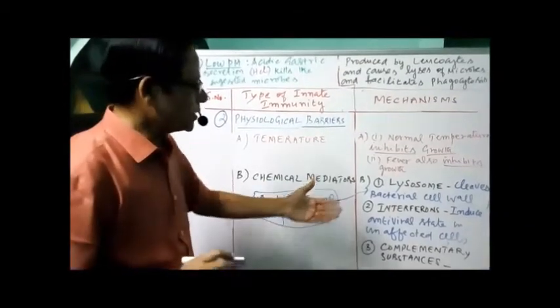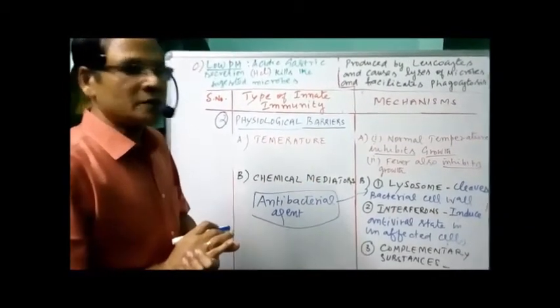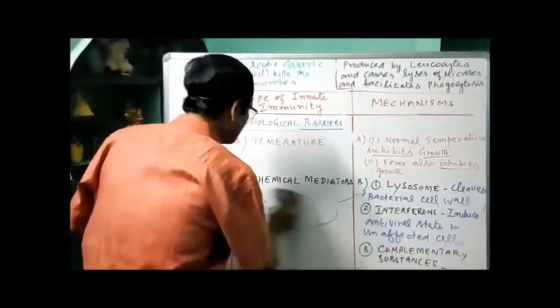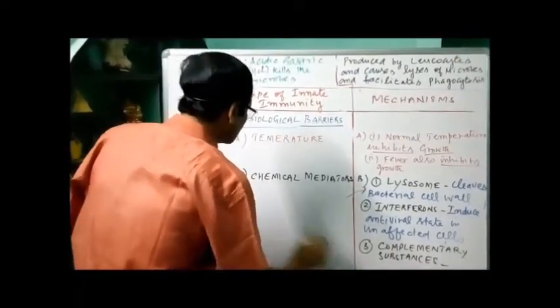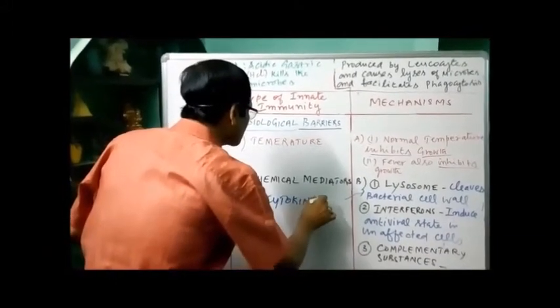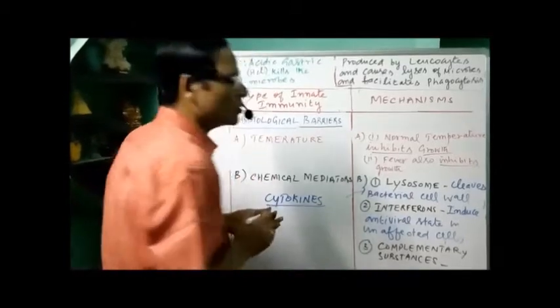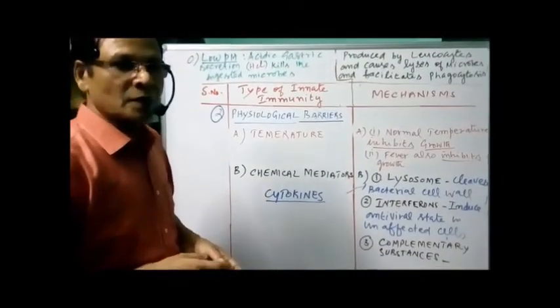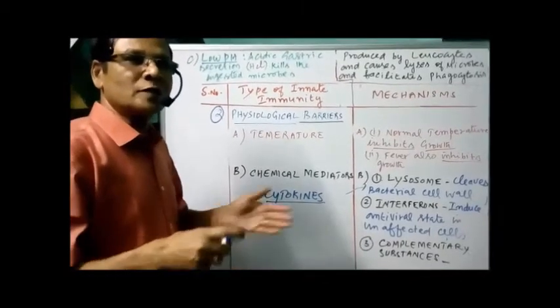The next one, interferons. These interferons are cytokines. What are cytokines? Small soluble molecules produced by the cells in response to stimulus between the cells.